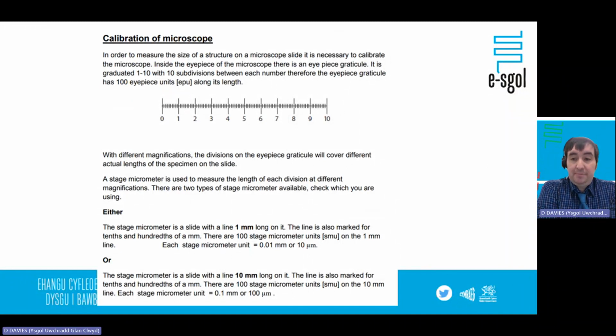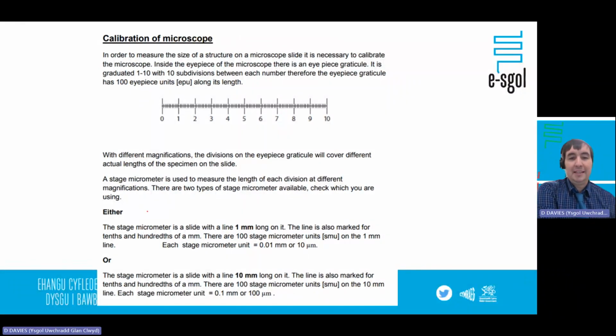The stage micrometer is the slide with the microscopic ruler on it. The stage micrometer is used to measure the length of each of these divisions at different magnifications. There are two types of stage micrometer available. I sincerely wish there was only one because it would be half as complicated, but there are two.